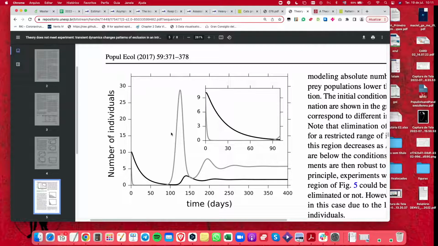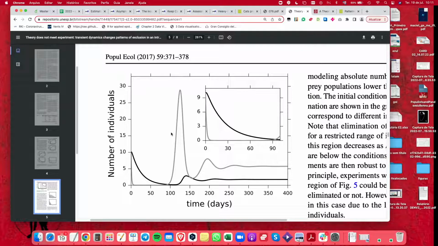You have oscillations, and the oscillations are such that they come very close to 0. Here's this inset. It is actually less than 1 individual. Right? Therefore, you have mutual elimination during transient. Okay, transient is what determines the outcome, not the fixed point.